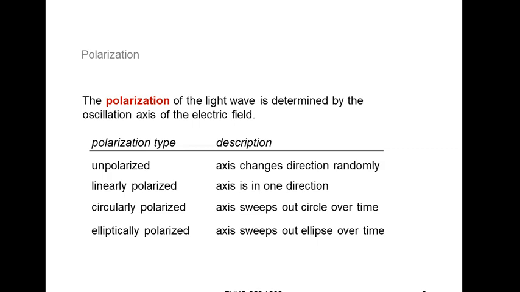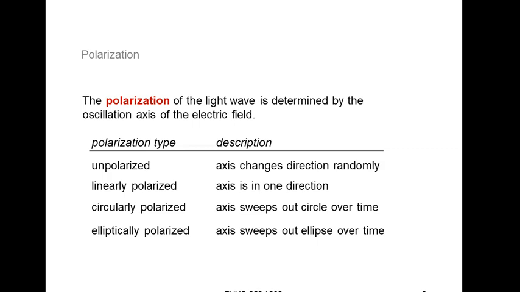Then that's called elliptically polarized light. In fact, if the amplitude changes in such a way that if you look at the tip of the amplitude arrow as the axis is rotating, that tip will actually trace out an ellipse.